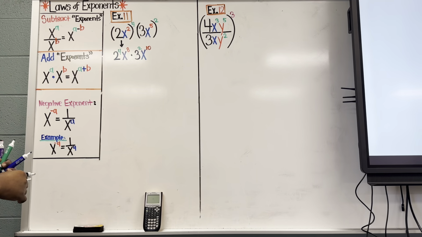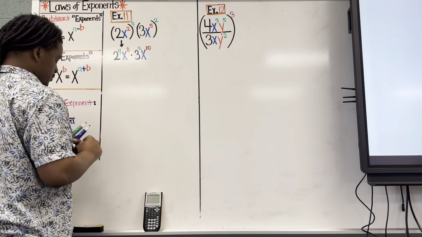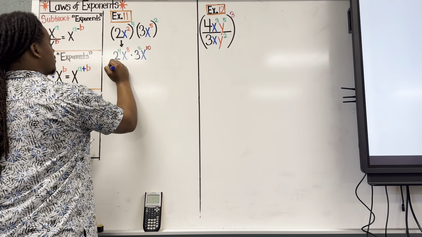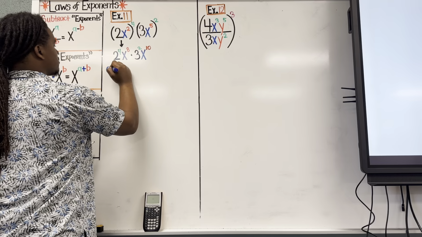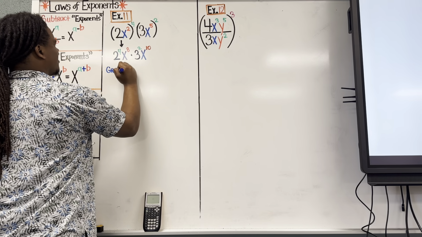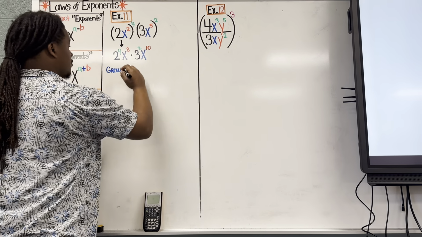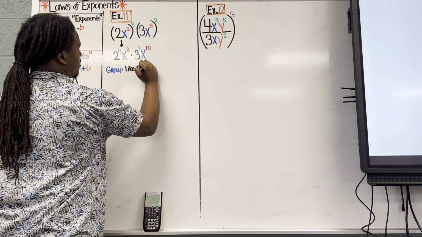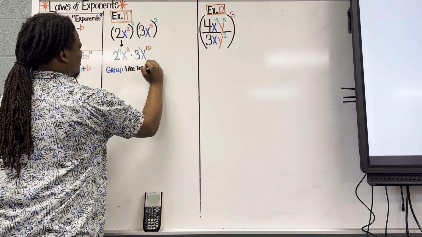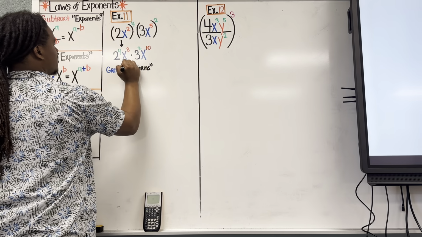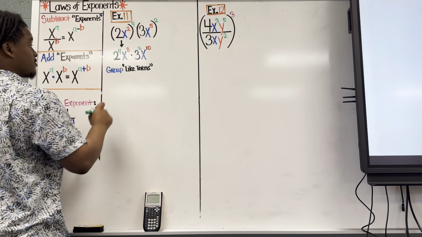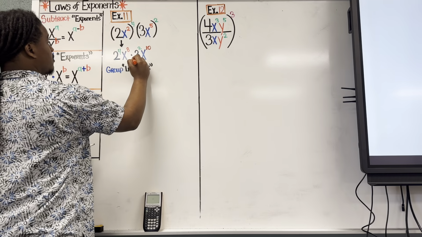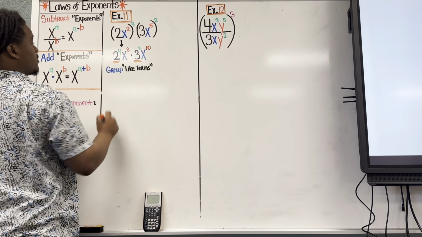the exponents that are on the outside of the parentheses. Now, all we need to do is group like terms. We're going to group the coefficients first. I'm just going to put two lines under them so you see what I'm saying.